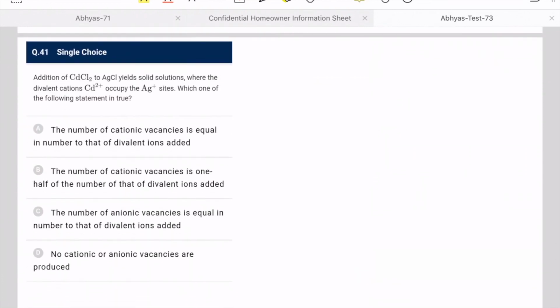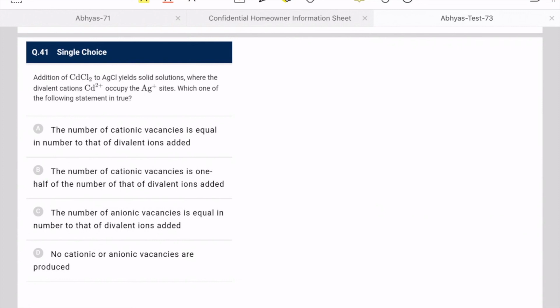So addition of cadmium chloride to AgCl yields a solid solution where the divalent cations Cd2+ occupy Ag+ sites. Which one of the following statements is true? So in this one, the number of cation vacancies is equal to the number of divalent ions added.